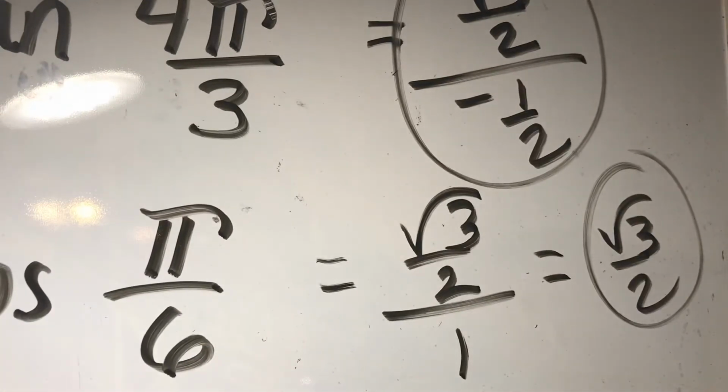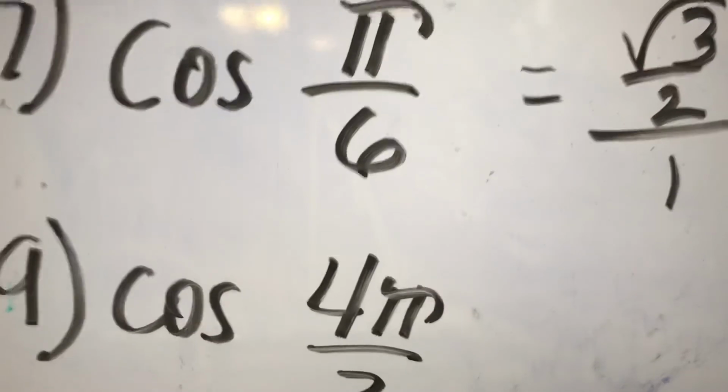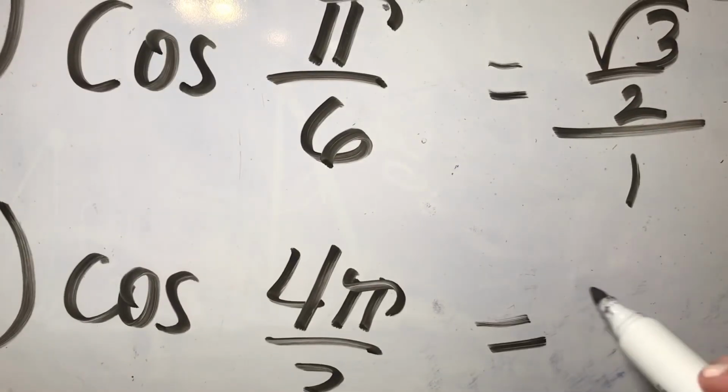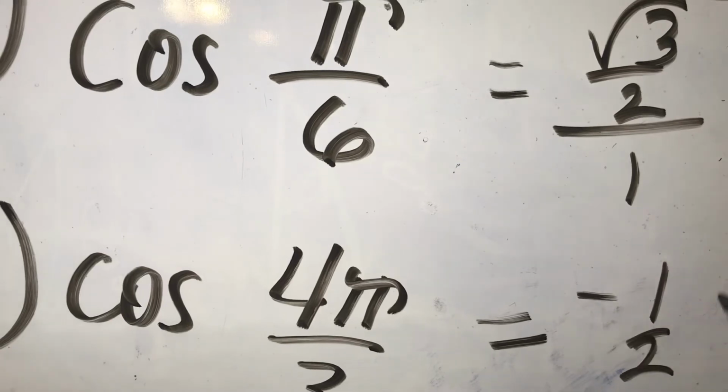So number 7 is the square root of 3 over 2. Number 9 is actually the same thing as number 1. I accidentally put the same problem on there twice. So number 9, you can just copy your answer to number 1.